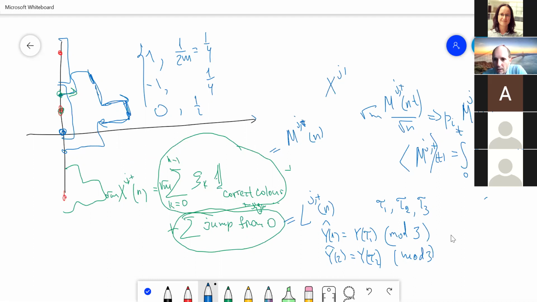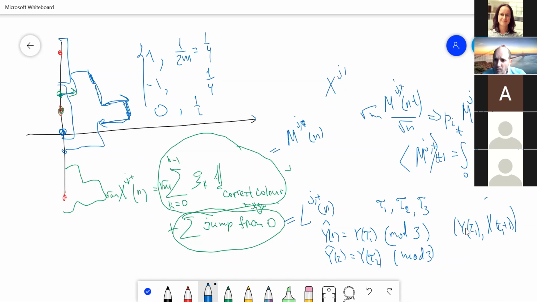And let's consider the following sequence: y at tau 1 and x at the instant tau 1 plus 1, and the same here. So where we are and the sign: we go up, or we go to the right, or we go to the left.